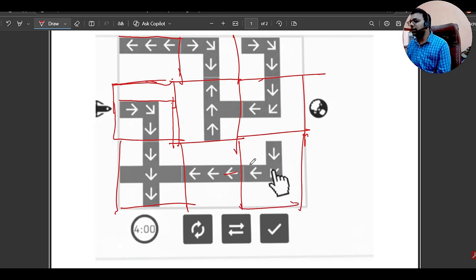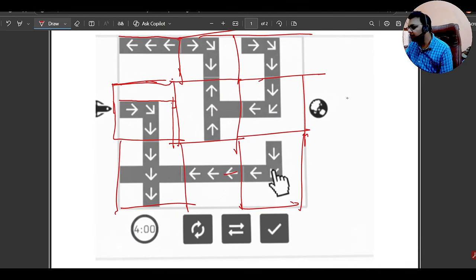Now suppose this is the middle block, and we want to make the path through this. So what we can do is we can also rotate this, correct? Suppose we rotate this, forget about the path. If we rotate this cell, definitely it will come in a direction something like this.